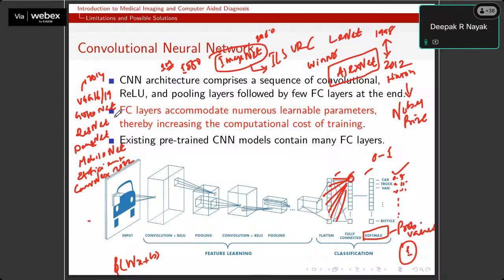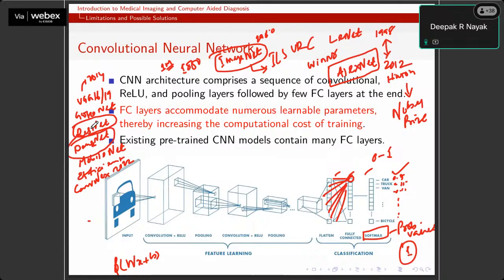How to extract the features, especially the complex features, from a complex scene or from complex images? We'll see how ResNet and DenseNet are the two very popular architectures that people have used to solve a variety of computer vision tasks, including medical imaging.